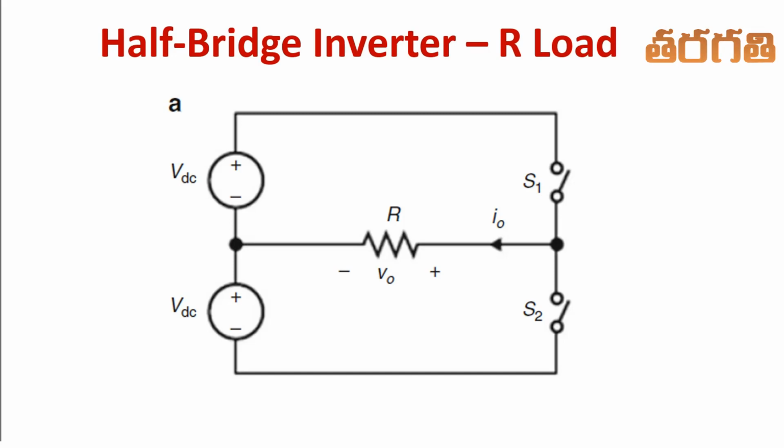This makes the load voltage negative for the time duration T/2 < t < T.